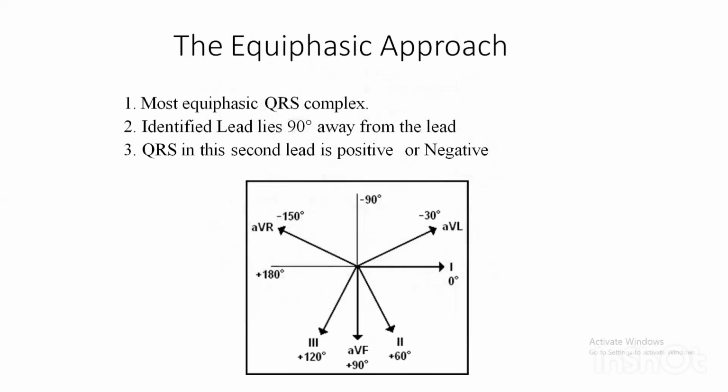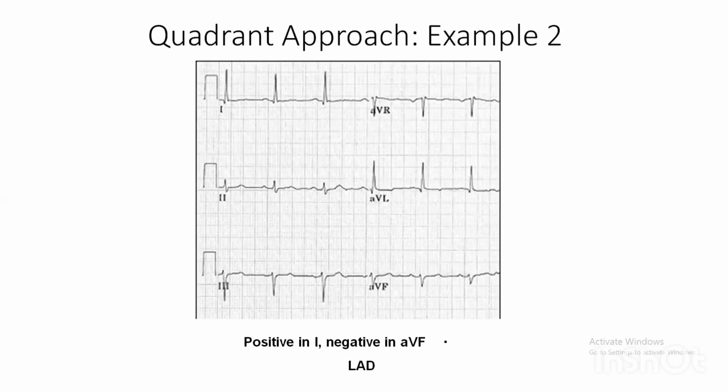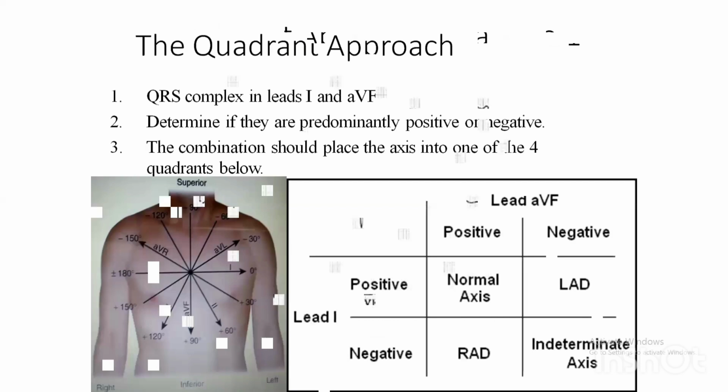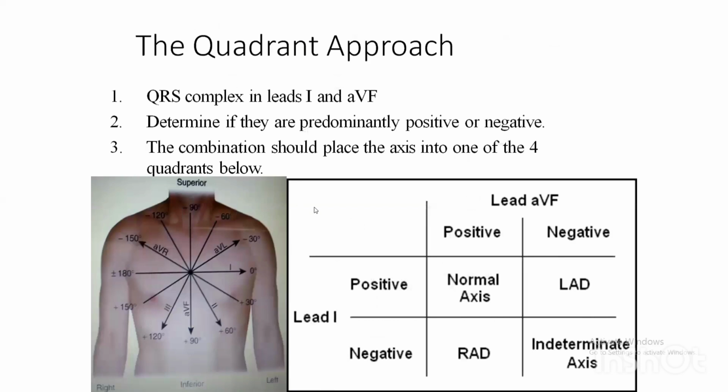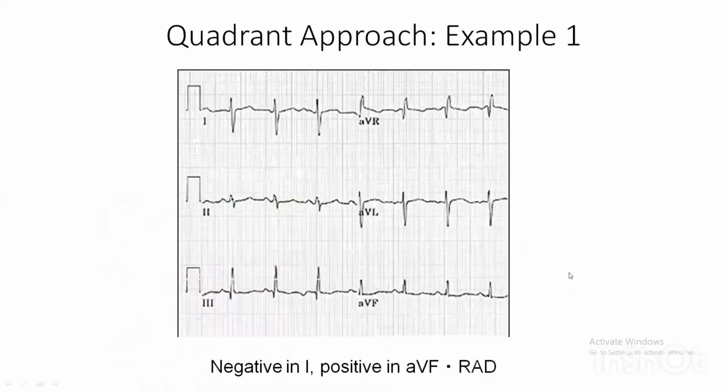Lead 1 is positive, lead AVF is also positive, so it is normal axis. You understand this? If lead 1 is positive and AVF is negative, it is called left axis deviation.